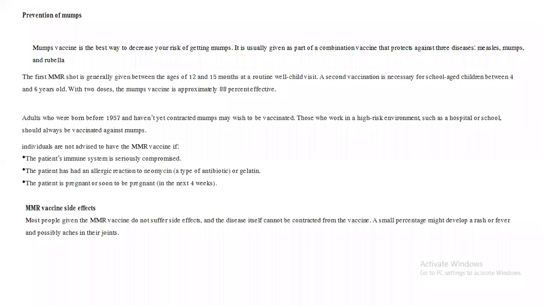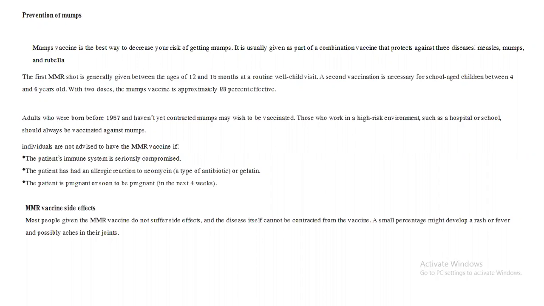Prevention of mumps. The mumps vaccine is the best way to decrease your risk of getting mumps. It is usually given as part of a combination vaccine that protects against three viruses: measles, mumps, rubella. The first MMR shot is generally given between the ages of 12 and 15 months at a routine well child visit.